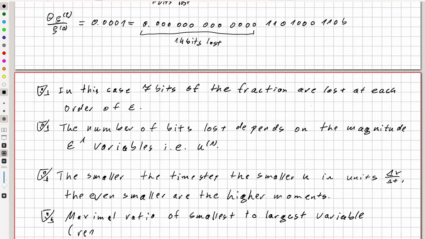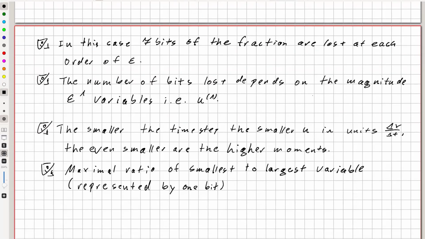So suppose we represent this by 1 bit, which of course doesn't make any sense, but let's assume this is of course 2 to the power of 23, which is something like 8,388,608, if I'm not mistaken. Yeah. So if two variables are different by this amount of numbers, there's actually nothing left.